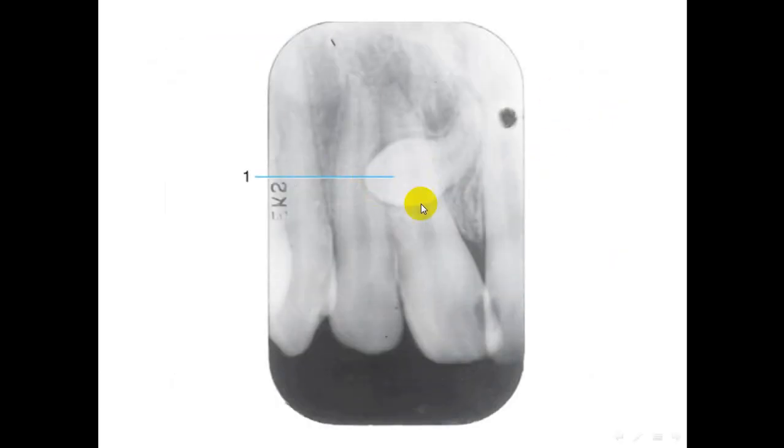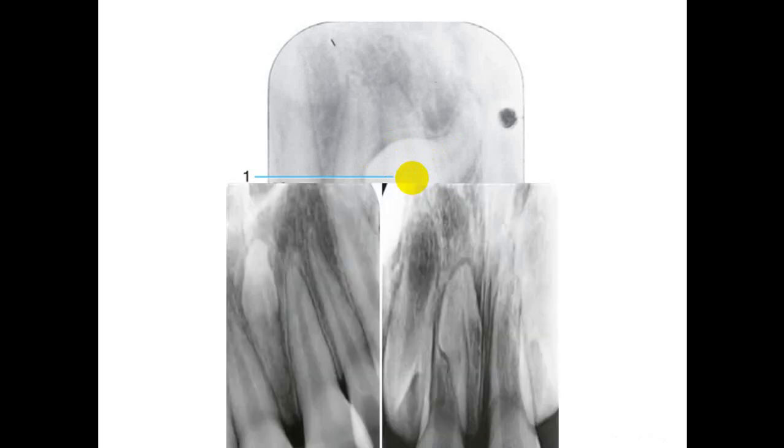This is now called supernumerary teeth. It is a tooth-like structure with very small size located between the two centrals. This is the central, lateral, and canine. So this supernumerary tooth is located in the middle between the central incisors.